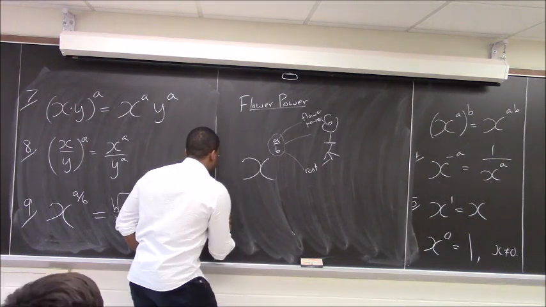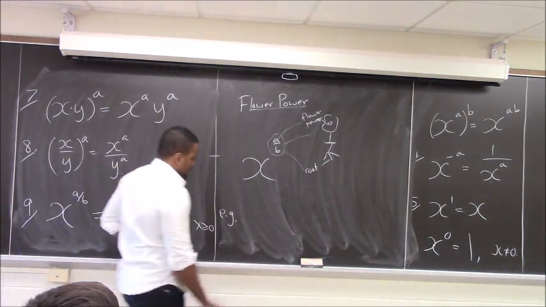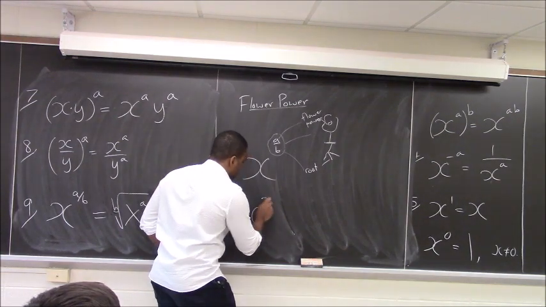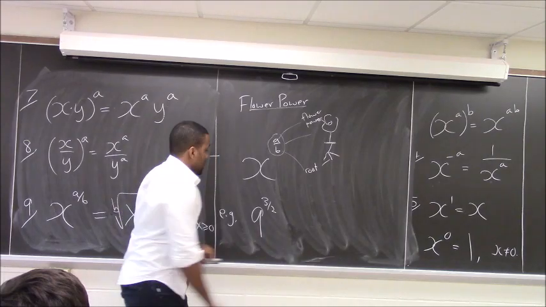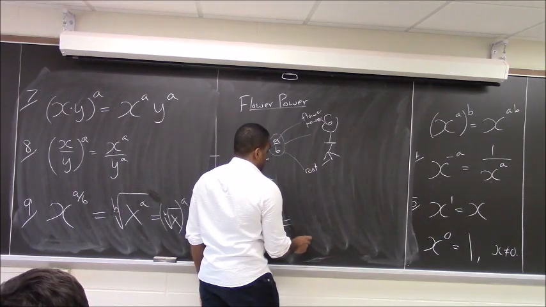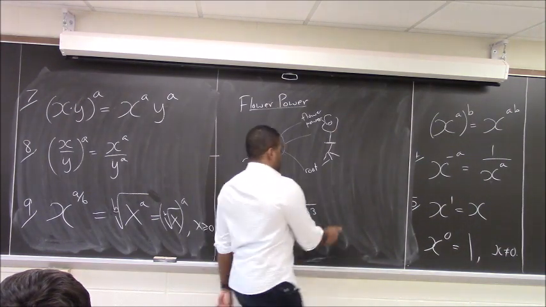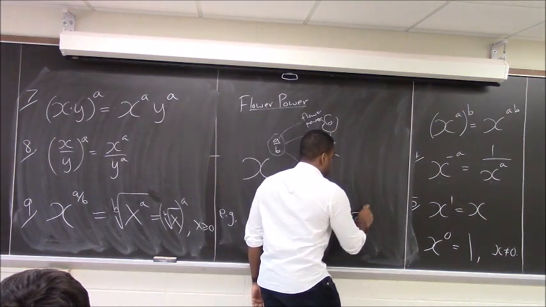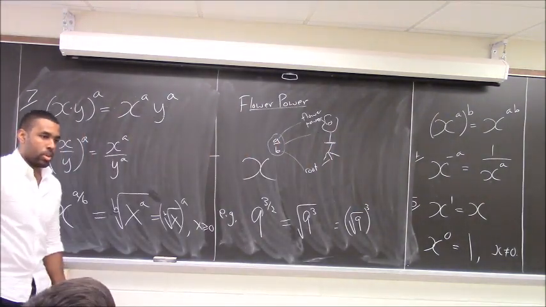And so, small example here, interchanging these might be useful because if you had something like, let's say 9 to the 3 over 2, there are a couple ways you can think about that. You can think of this as 9 cubed and then take the square root. Or you can think of this as the square root of 9 and then take the cube. Now one way is easier to think about than the other, of course.